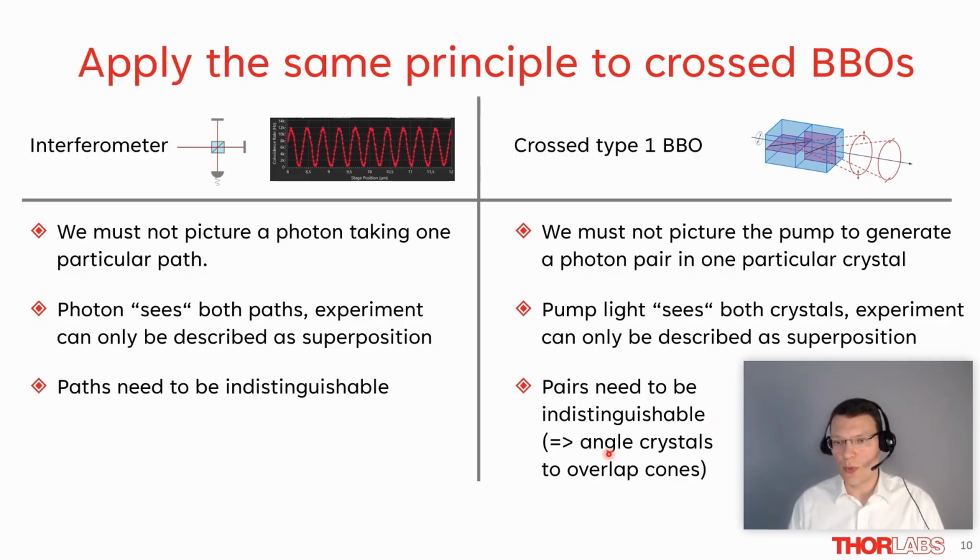So what you do in practice is you change the angles of these crystals, which dictate the opening angle of those individual cones, and you need to overlap them very well so that there's no way to distinguish where the photon pair came from. And again, we need to get rid of this specific crystal information, where does it come from? That's something that we need to get rid of.